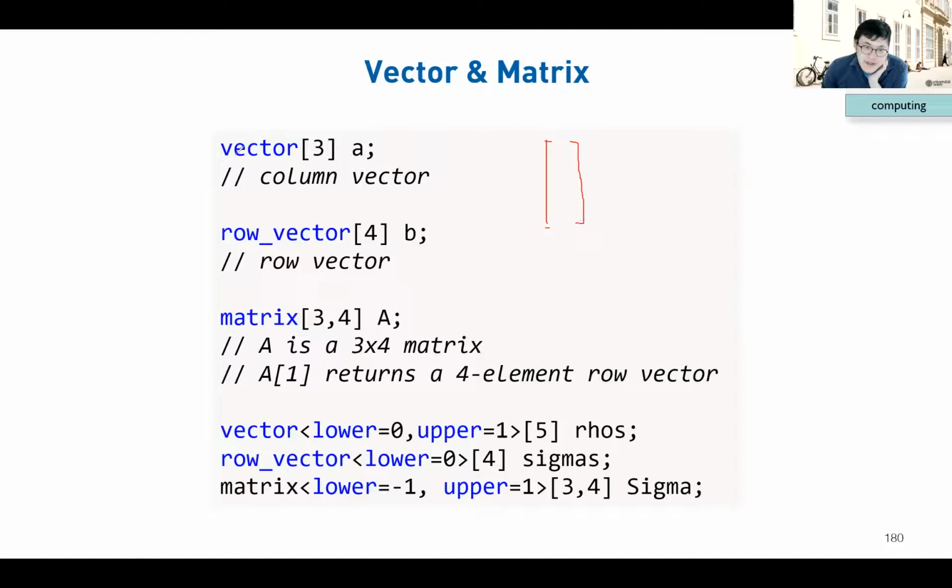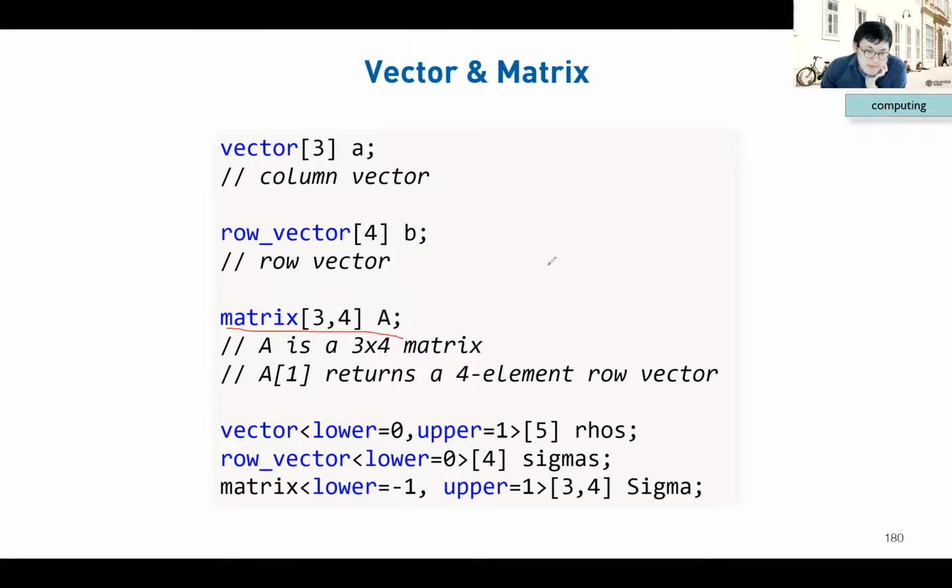If it is a column vector of 3 elements, it has 1, 2, 3 elements. Conversely, if it is a row vector with 4 elements, then we have 1, 2, 3, 4. Just the direction or orientation, vertical or horizontal.